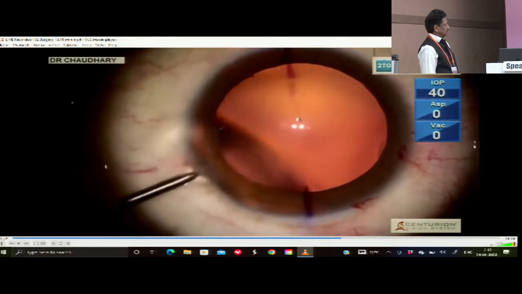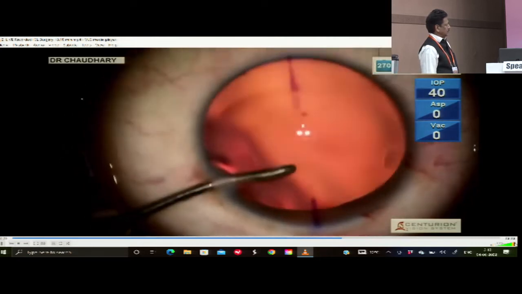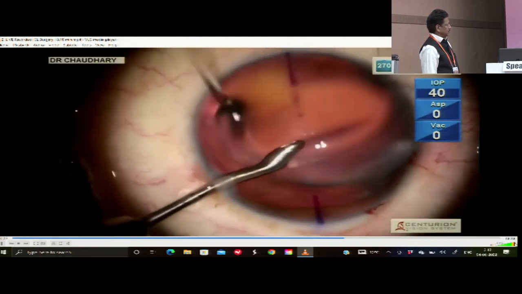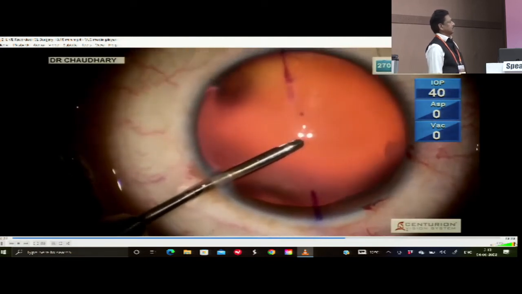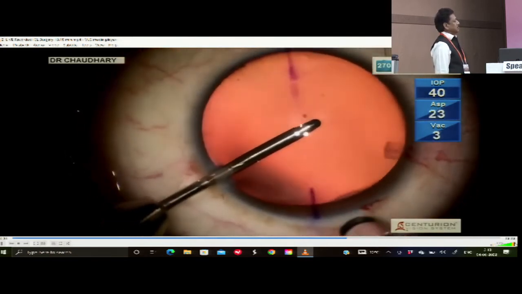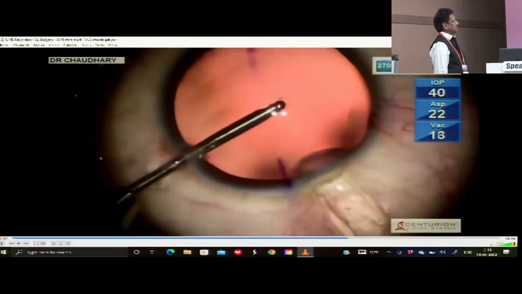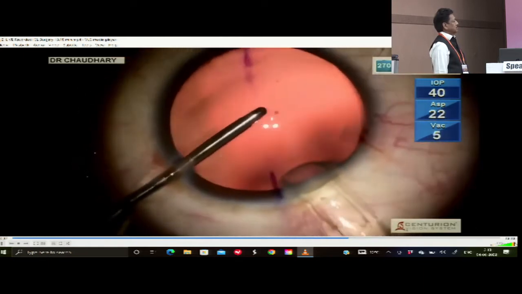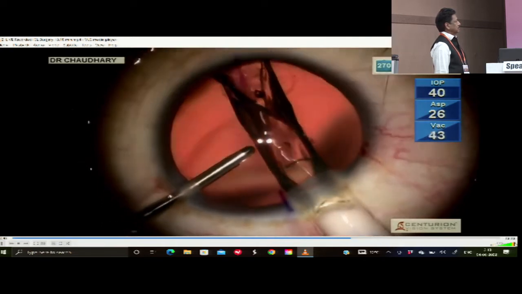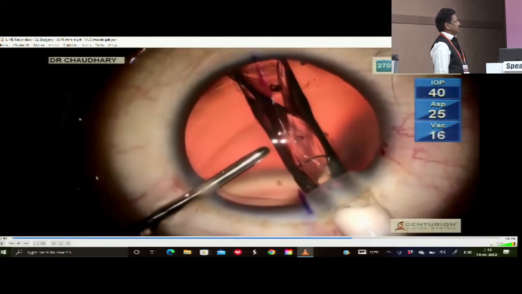So an irrigator, if you see my parameters, the IOP is at 40 on the screen. So low IOP, and this ICL is in position, and this is important, below the irrigation we have to implant.